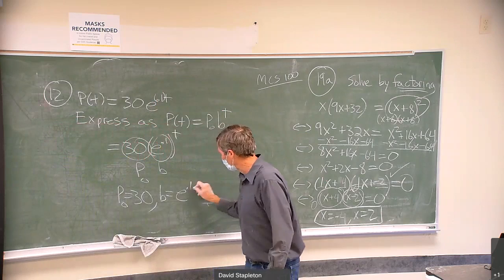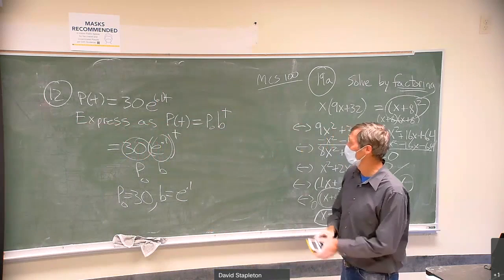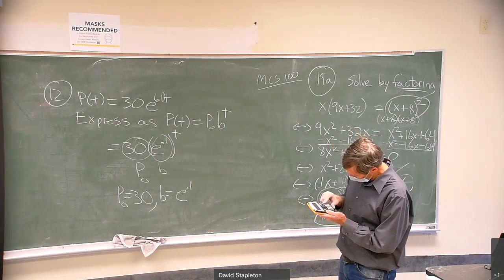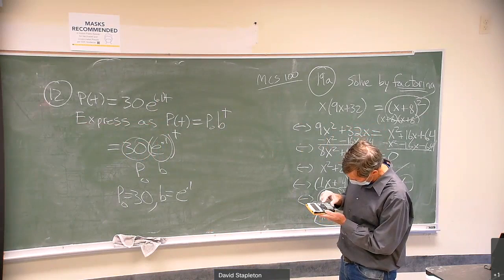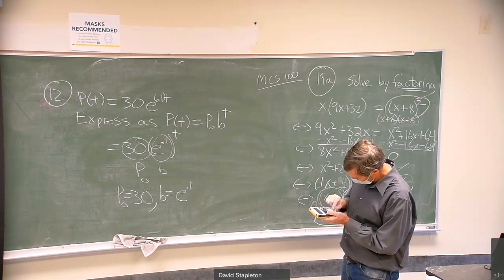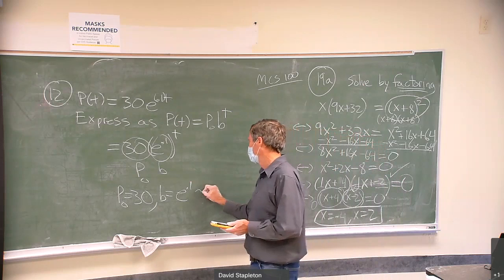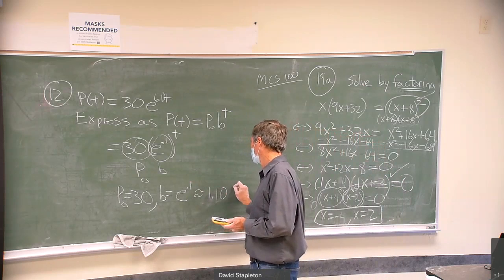I just have to run that on my calculator. You can do exponentials on your calculator. e to the 0.1 comes out to be 1.105 approximately.